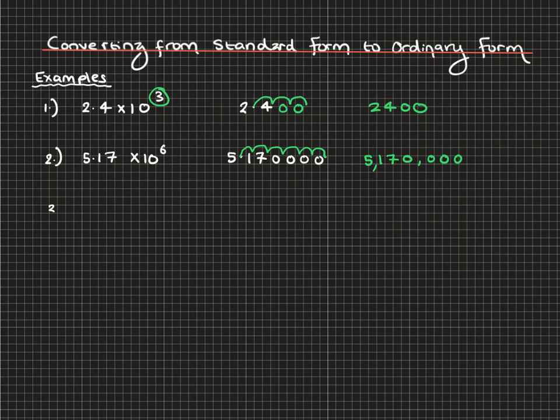Now let's have a look at some smaller values. So for instance, 4.3 times 10 to the negative 5. So because it's a small number, the jumps are going to be in the other direction. I'm going to write the number over here to make sure I leave myself some space to do this. So times 10 to the negative 5, that's once, twice, 3 times, 4 times, 5 times, and this gives me the position of my decimal point.